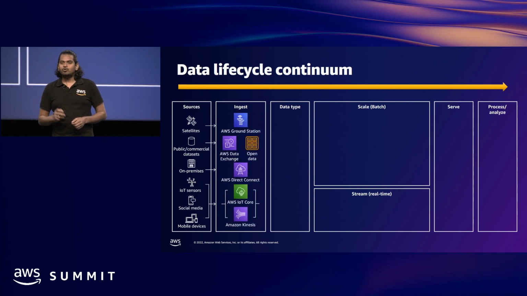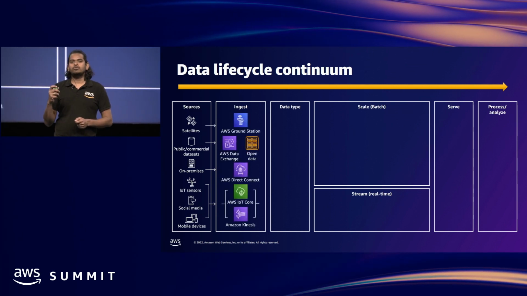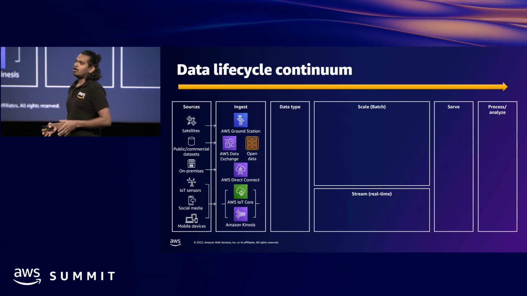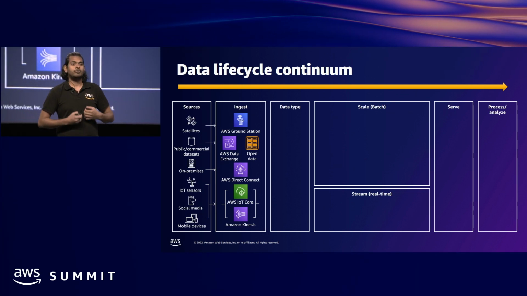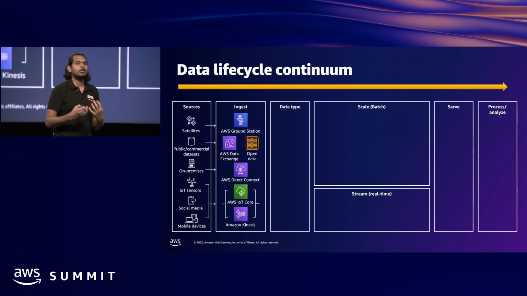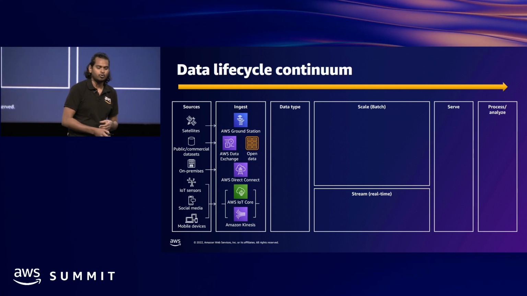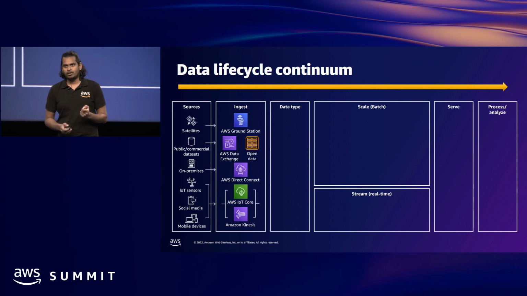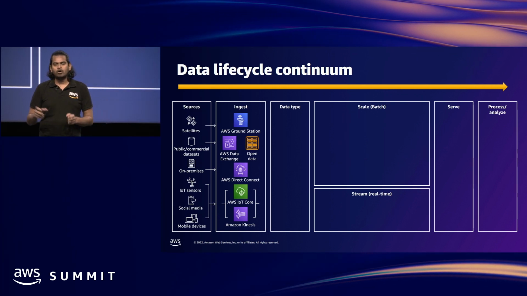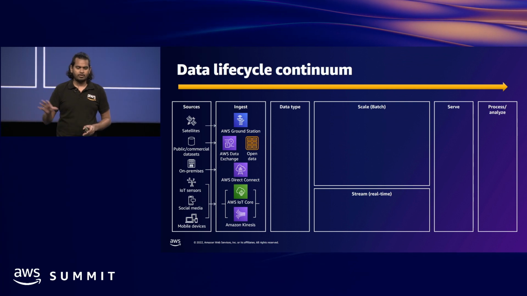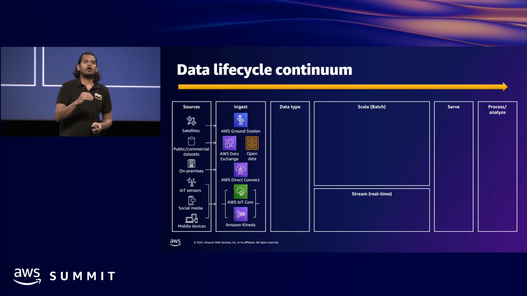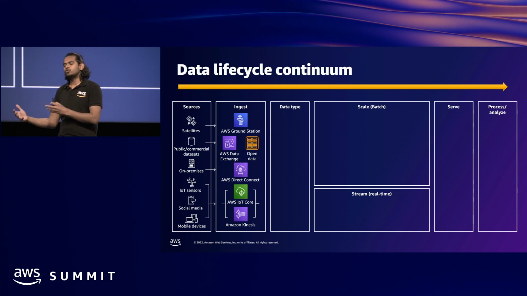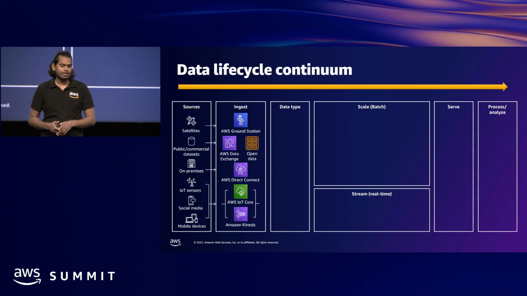Services like AWS Ground Station give you a global network of fully managed ground stations, which allows you to downlink the data from your own satellites directly into your data lake running in AWS. Secondly, services like Data Exchange and Open Data, which I will zoom in on a bit in further slides, allow you to subscribe to your data providers or search through a catalog of open or public data sets.